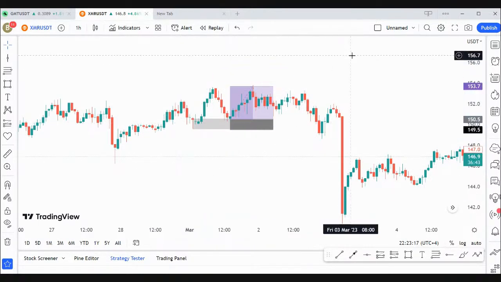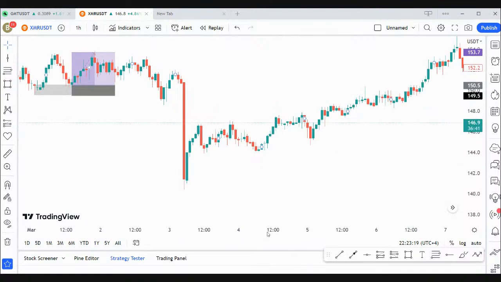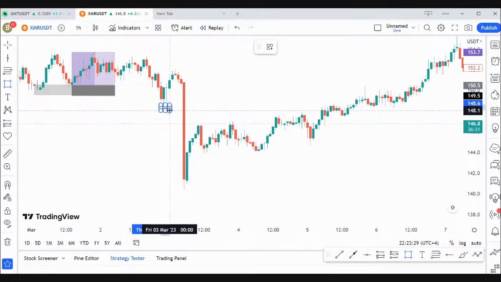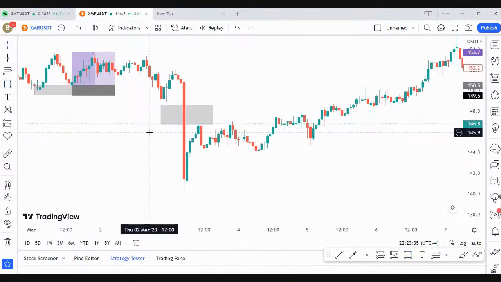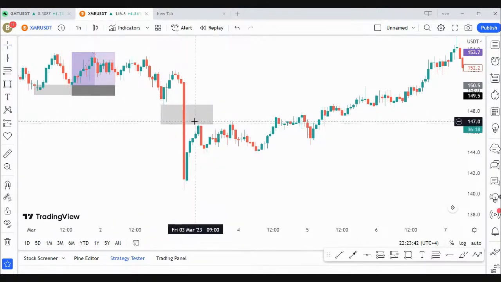So that is it. And another imbalance right here, which is this and this. If I draw this here and this here, this particular level is an imbalance. Now price does come back to mitigate here in order to sell off.